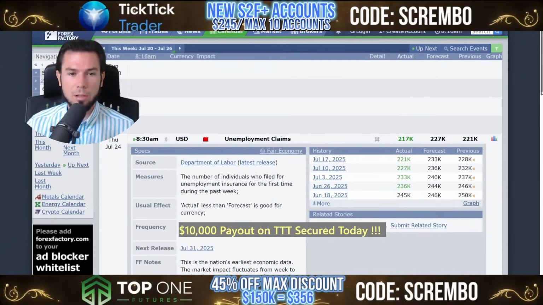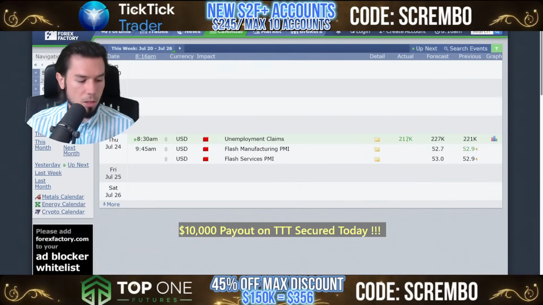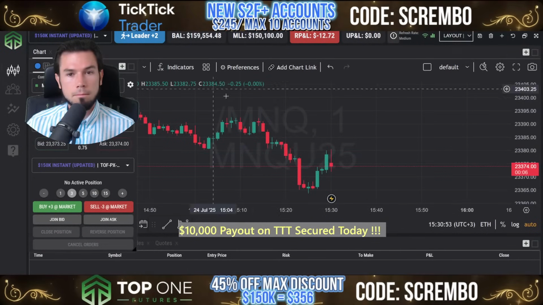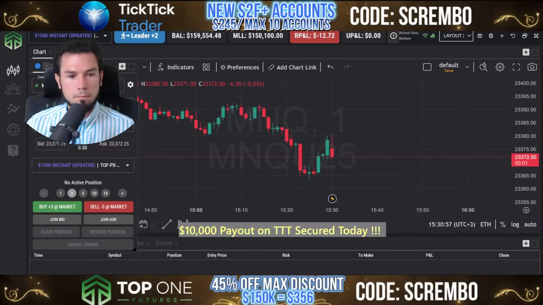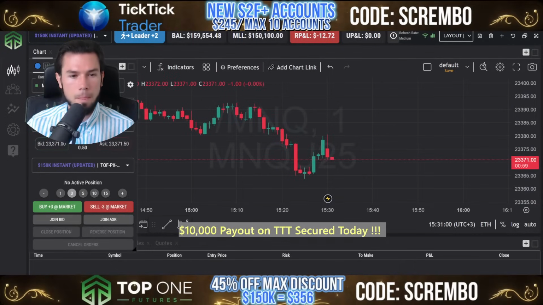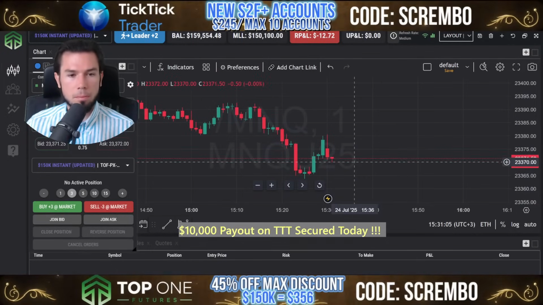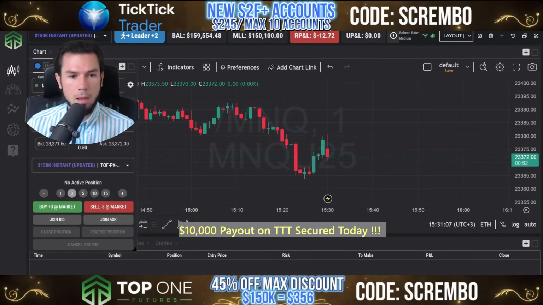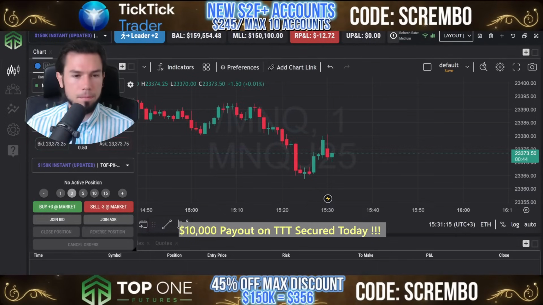Unemployment claims are less than expected, which means the number of individuals who filed for unemployment insurance for the first time during the past week. 217 less than expected. We're ready for the rate cuts in September. Yeah, I've been saying this since May and it has not been finished. Then we're working around it.